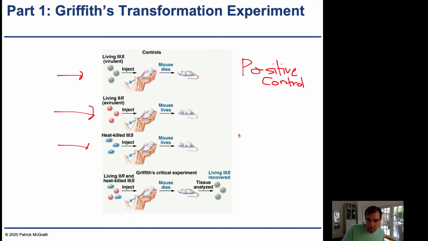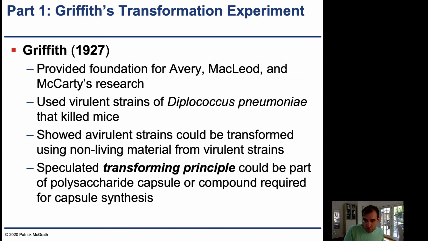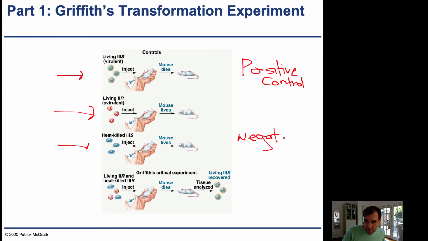Now we have our negative control. What this negative control did is it showed that if you killed the virulent strain, it was no longer able to kill the mouse. We just take these same bacteria and kill them using heat.